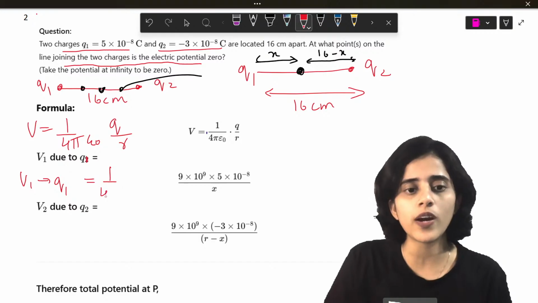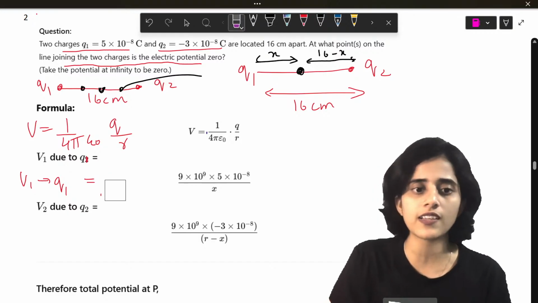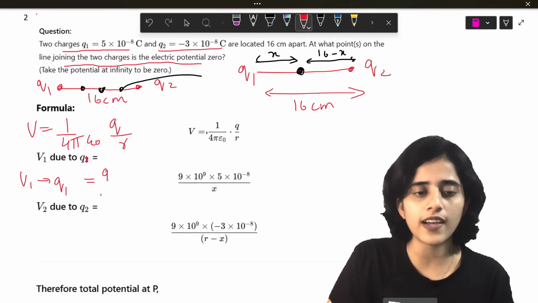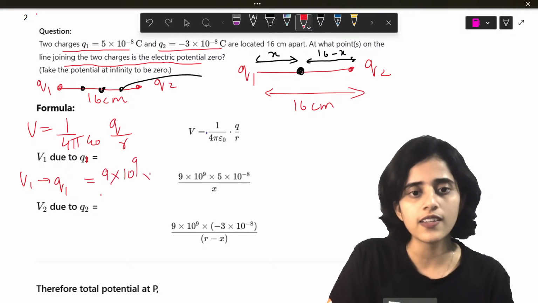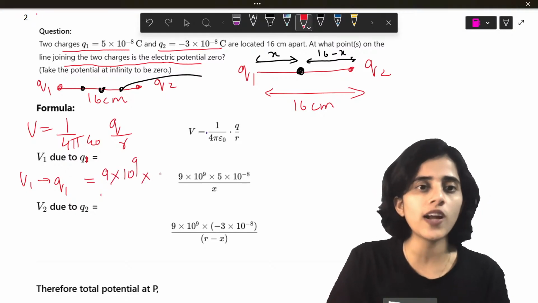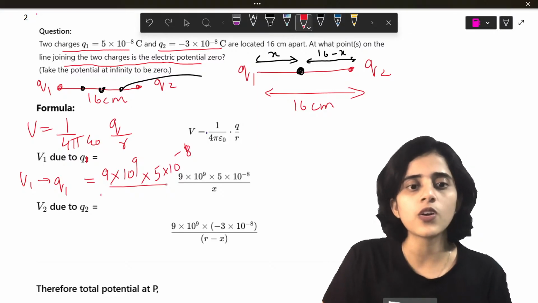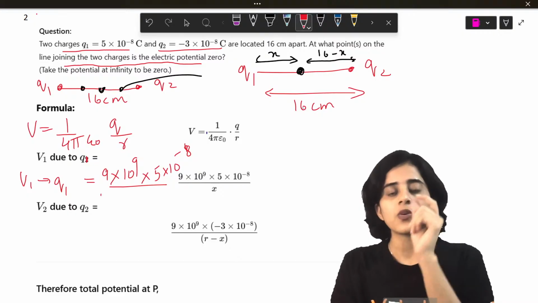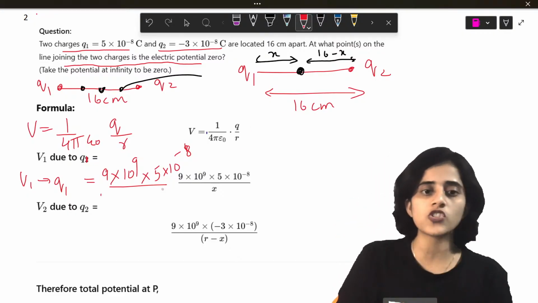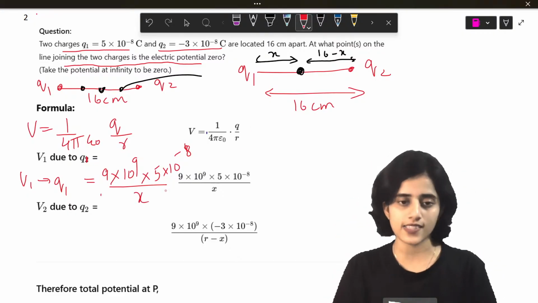So, now find out V. V will be 1 by 4 pi epsilon 0. Instead of that, I can just write it as 9 into 10 raised to 9 into the charge Q1, which is 5 into 10 raised to minus 8, the whole divided by the distance. The distance from that point to the charge is x.